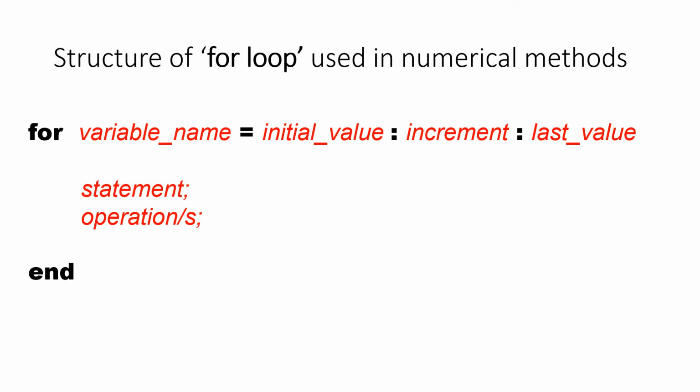Now presented here is the general structure of the for loop used in numerical methods. Your for loop will start like this: for, then the driving variable name, an equal sign, then the start of your loop, increment, then the end of the loop, in between using colons.